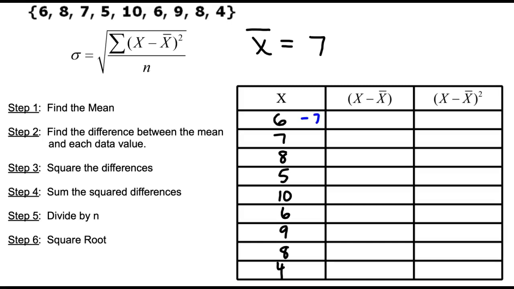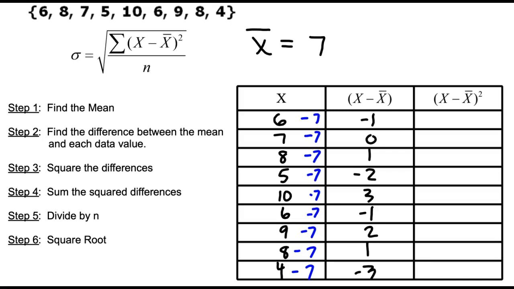So I'm going to subtract 7 from every single element, and that's going to give me the difference between the element and the mean. So 6 minus 7 is negative 1, 0, 1, negative 2, 3, negative 1, 2, 1, and negative 3.